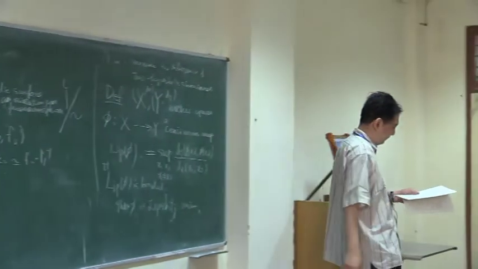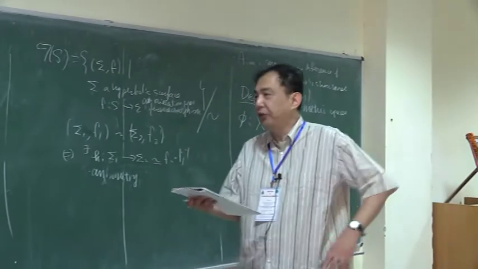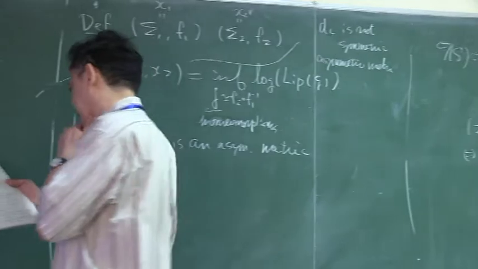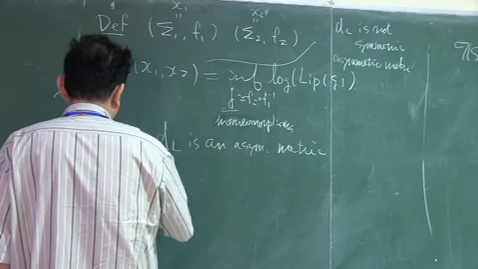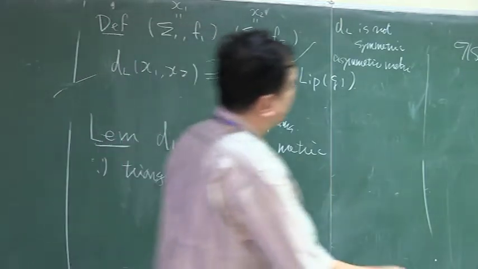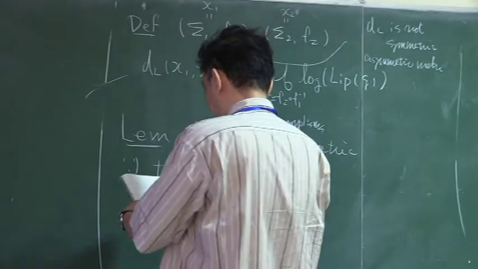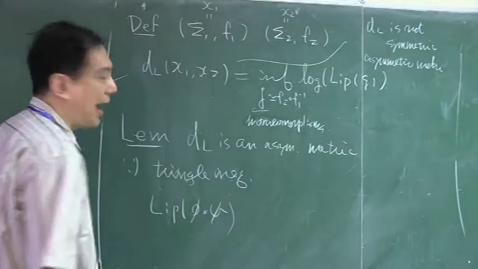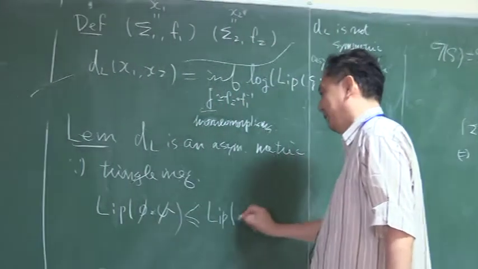It's easy to check the triangle inequality. The easiest one is the triangle inequality, in fact. The first thing we should remark is that the Lipschitz constant of the composition of two maps is bounded by the product of the Lipschitz constants of the two.